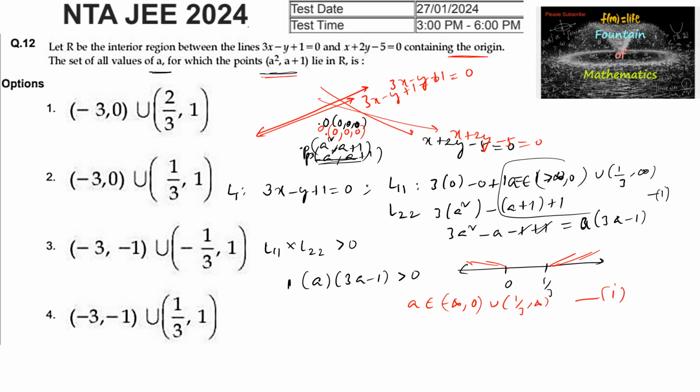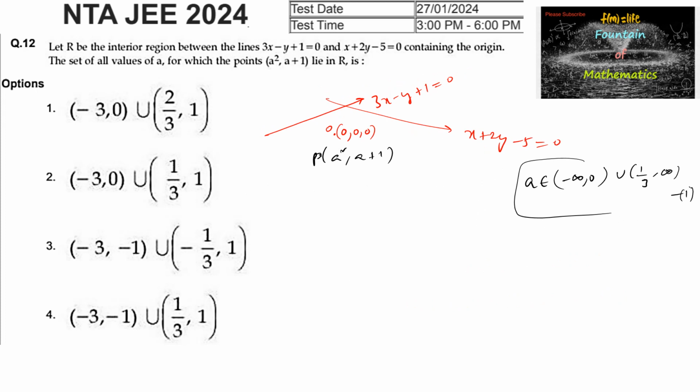And coming to the second case, now let's consider the second line x plus 2y minus 5 equals 0. Substituting the first point, L11: 0 plus 2 times 0 minus 5, which is minus 5.